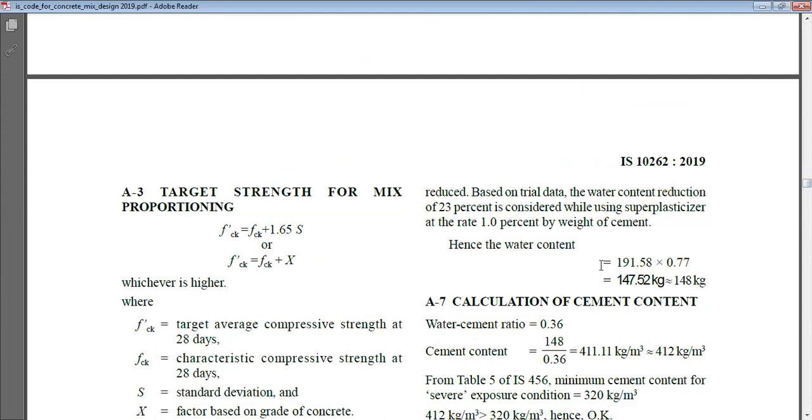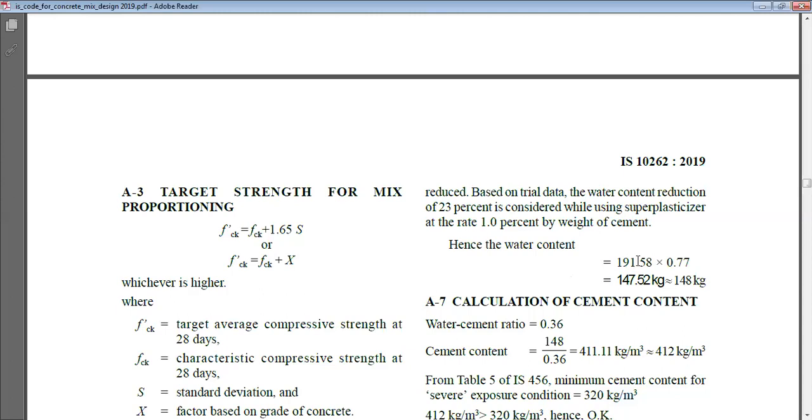Hence, the water content becomes 191.58 into 0.77. If it is 100%, meaning you are not using any chemical admixture, directly you can add this much quantity of water. But when you are using a chemical admixture, the main purpose of the chemical admixture is to reduce the water content.